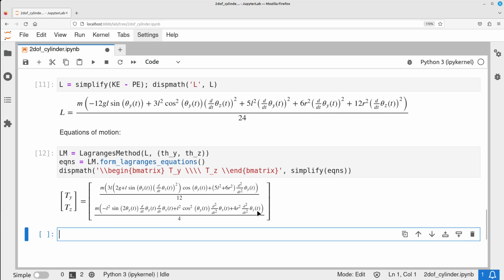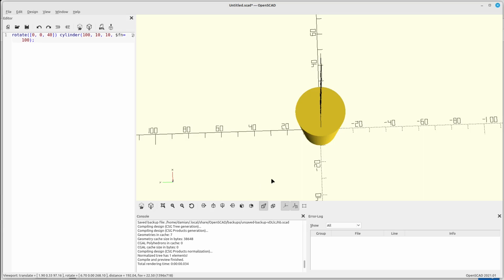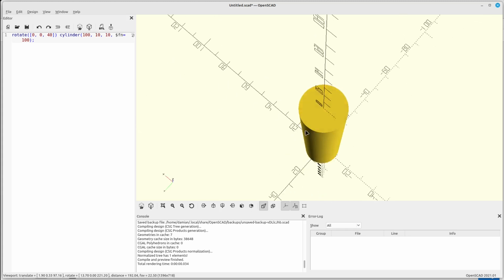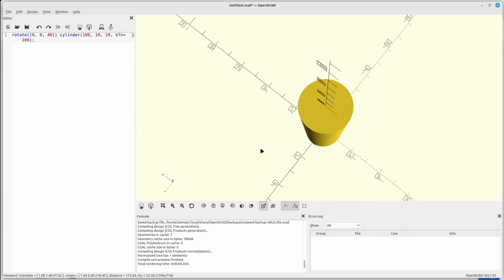So for example, you don't find the second derivative of theta z in the first equation, and likewise you don't find the second derivative, so the acceleration, of theta y in the second equation. So they are not coupled, and it kind of makes sense because this rotation about the z-axis seems to be independent of the other rotation.